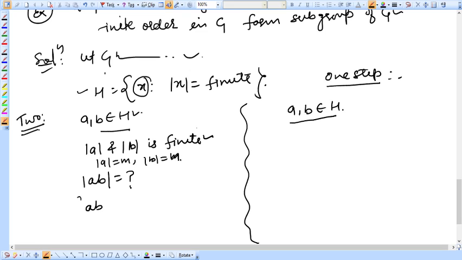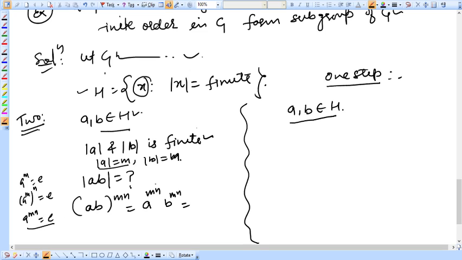If we raise the power of ab by mn, since it is abelian, we can write a raised to the power mn and b raised to the power mn. We know the order of a is m, so a^m is equal to the identity e, and a raised to m power anything is equal to e again. Therefore a^mn is equal to e.